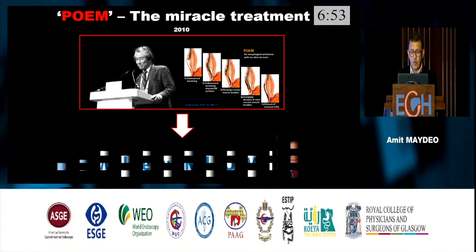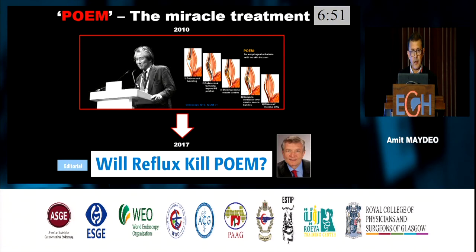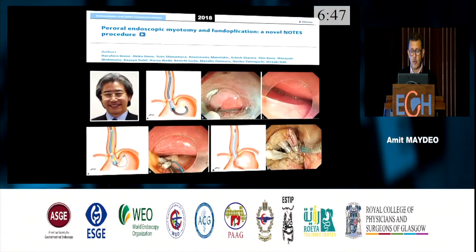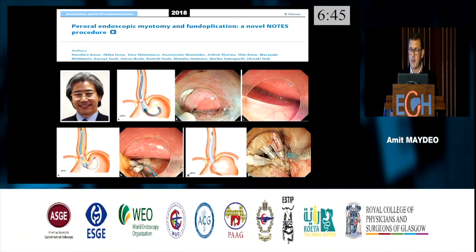All of you know that POEM can cause GERD. In fact, that was the only criticism of POEM. And I also told you that for this we can use the instrument Gerdex, that is a full thickness plication. But a very new technique which was recently invented by Professor Inoue, he described that during the POEM itself, endoscopists themselves can perform a fundoplication.